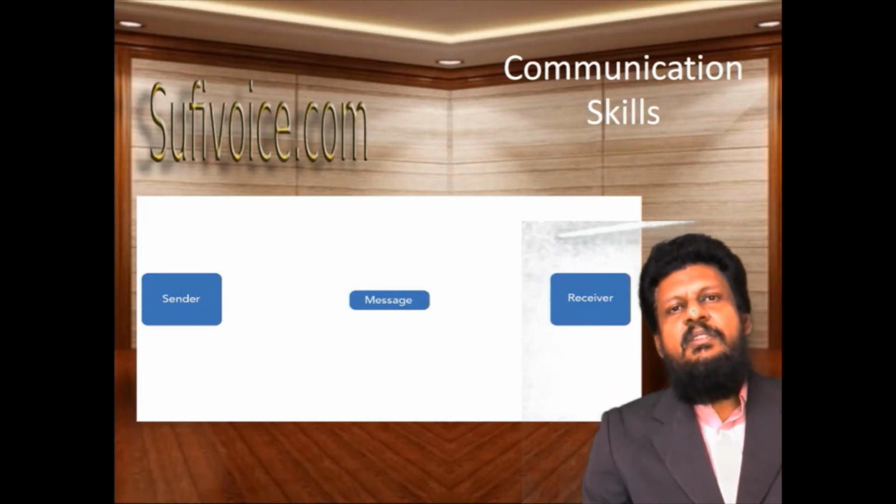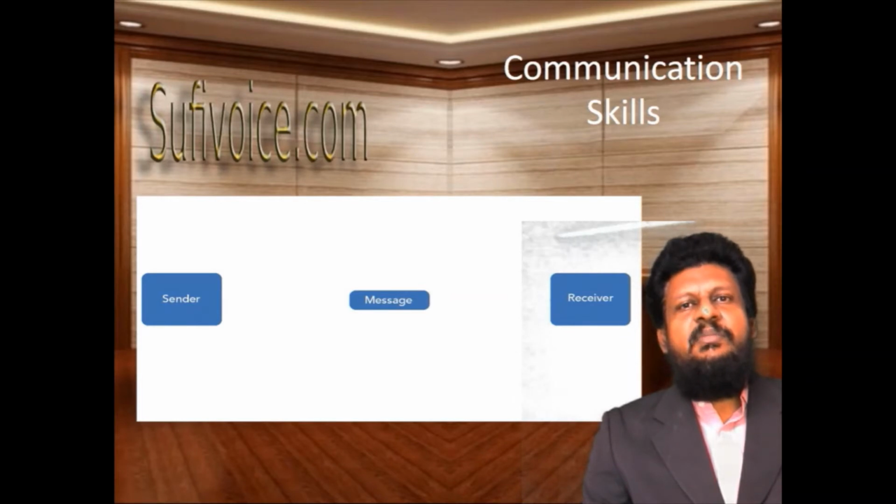The medium of communication will be the language. So the communication process remains the same irrespective of any language you take. At least you need two people and you need a medium. You need a language to exchange the information.